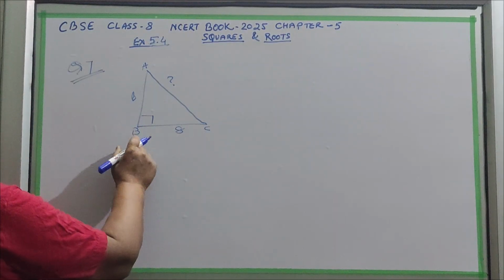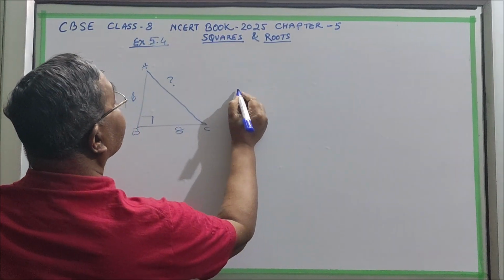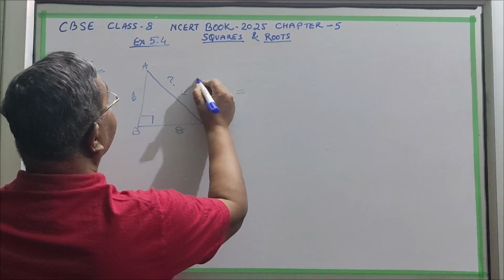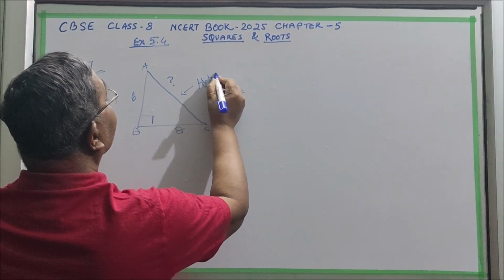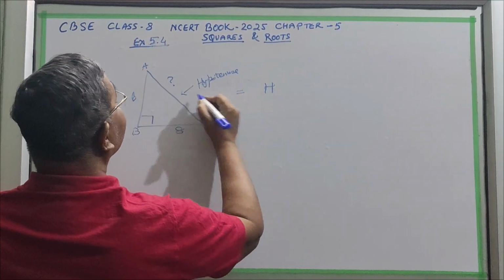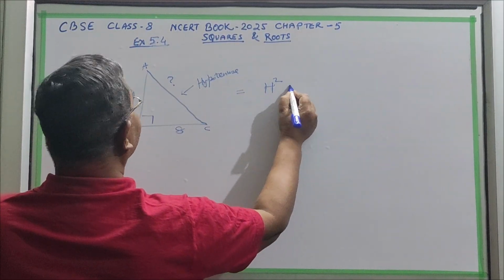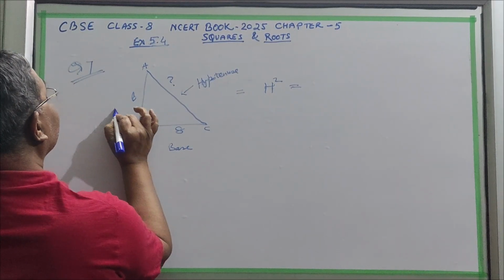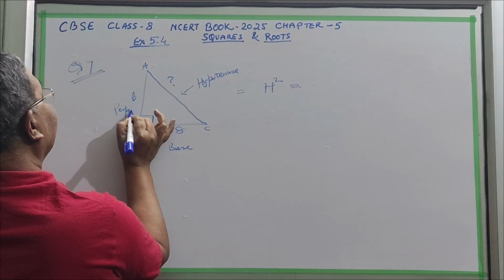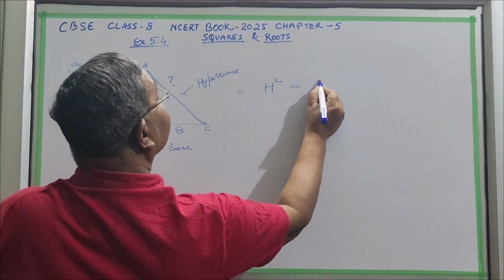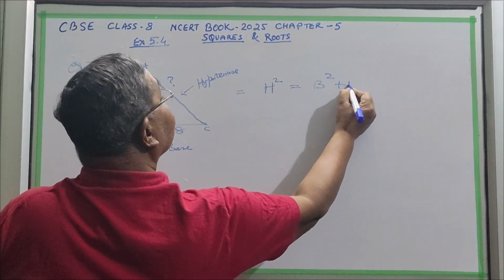For this we use Pythagoras. H is always, H squared is equal to base squared plus perpendicular squared.